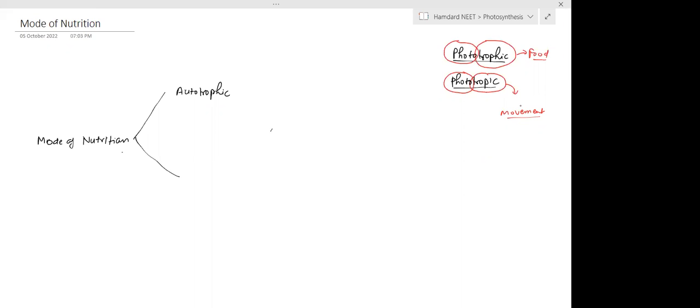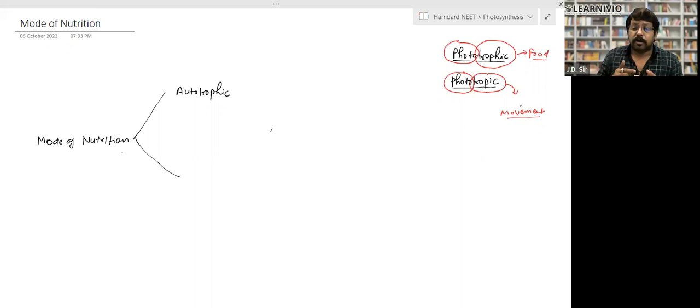When I say that the stem of the plant shows phototropic movement, it means the stem of the plant is moving in the direction of light, right? When I say roots are negative phototropic, it means roots are moving in the opposite direction of the light, and that's what happened.